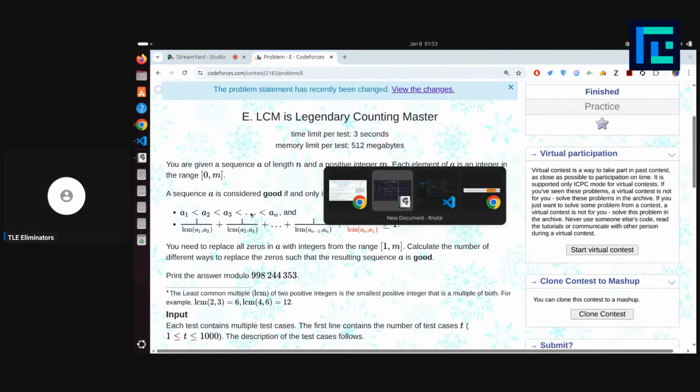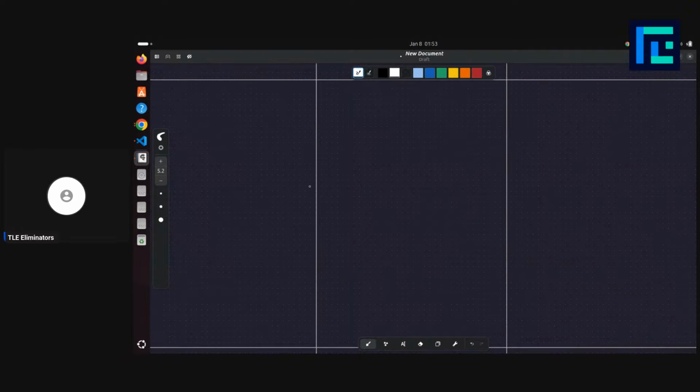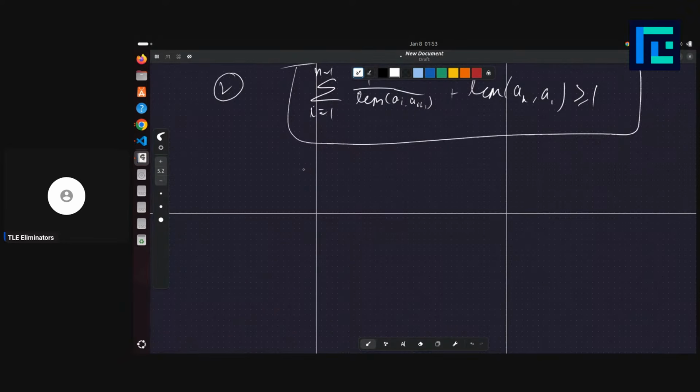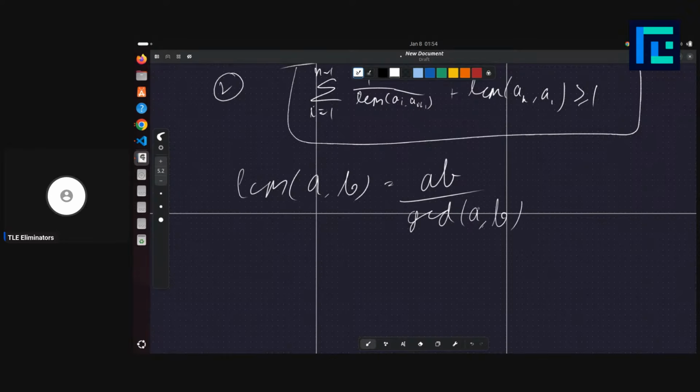See, what I'm saying is I can write it like, see, LCM of AB is what? LCM of AB is A into B upon GCD of AB, right?